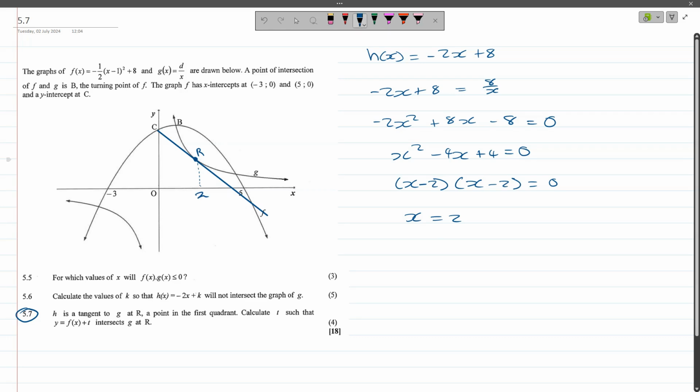So now we need to figure out what the value of this function, the parabola, is at 2, such that we can bring it down to this value over here.